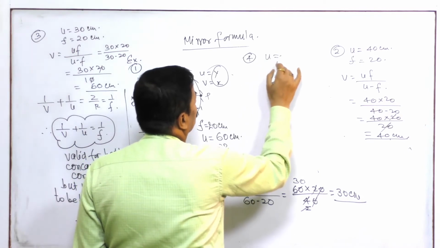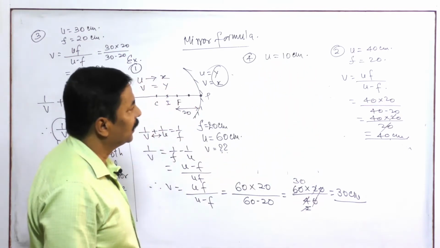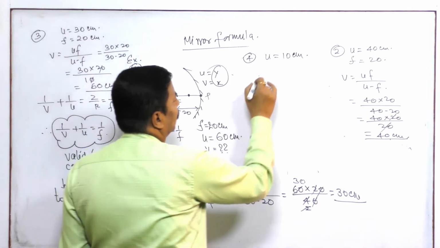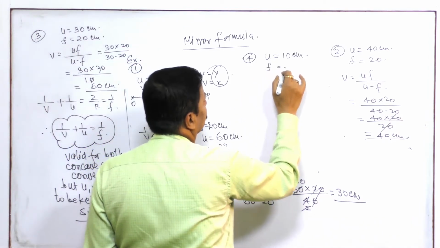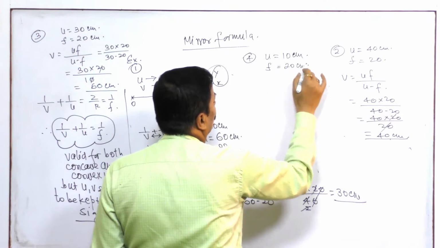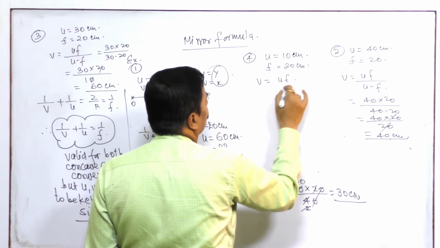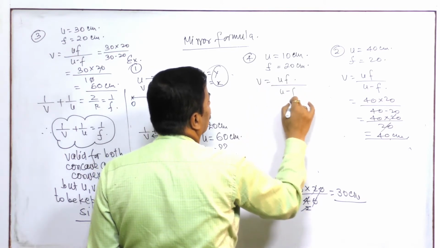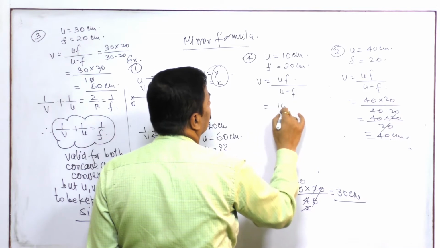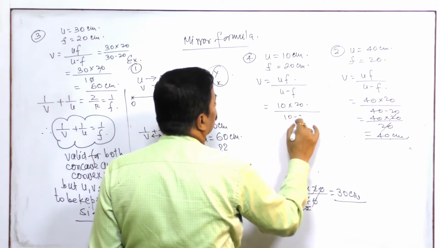Suppose u is equal to 10 centimeter and f is the same, that is 20 centimeter. So v is equal to uf by u minus f. What does it mean? 10 into 20 by 10 minus 20.